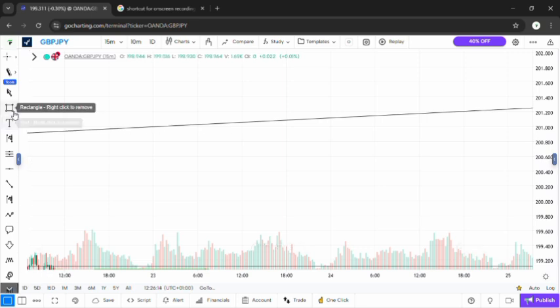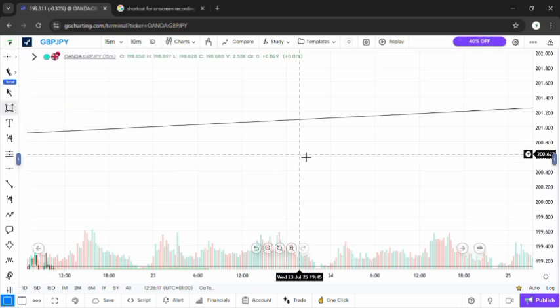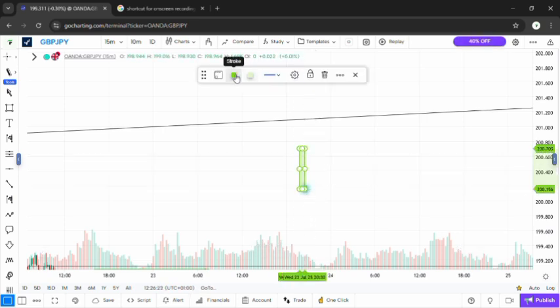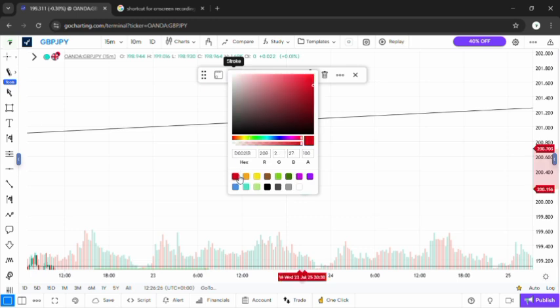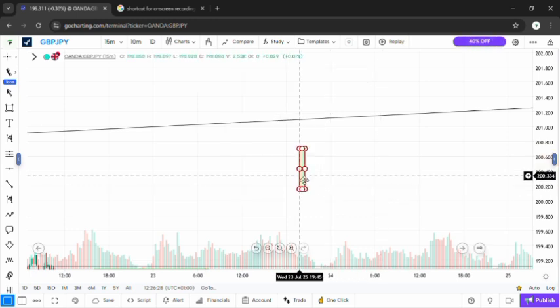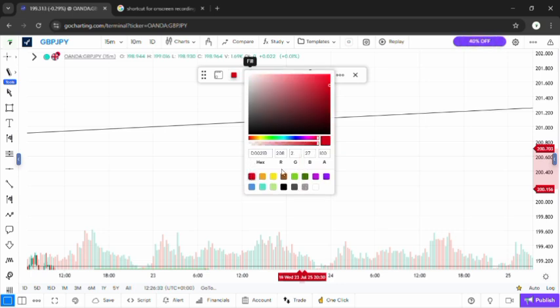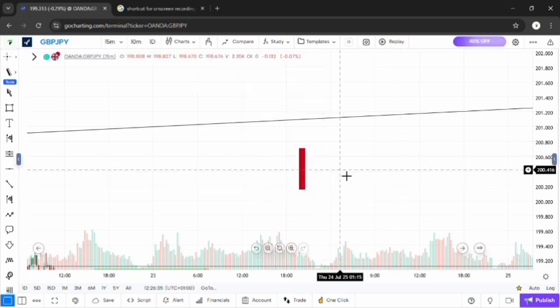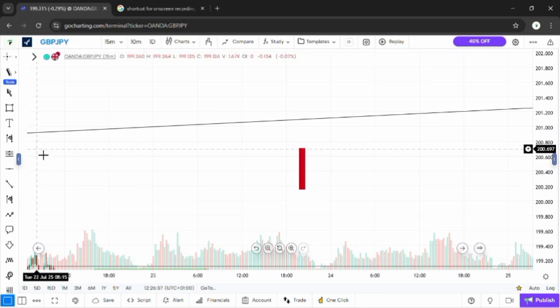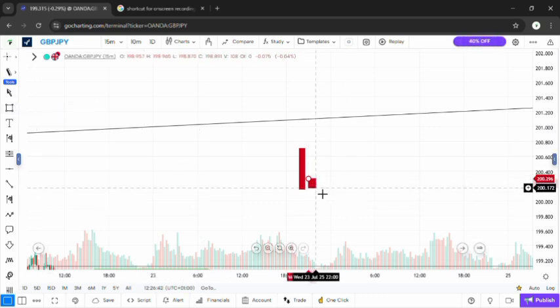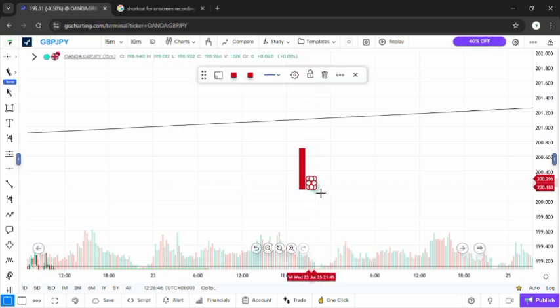Let me take this as a red candle. Then, if we have another candle forming here, this is my green candle.